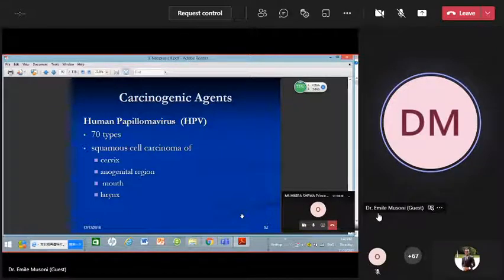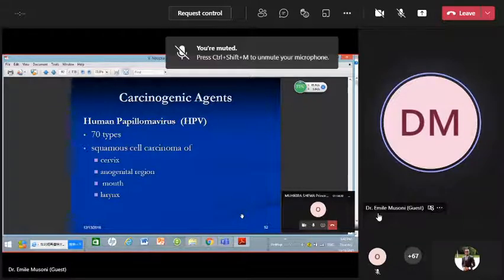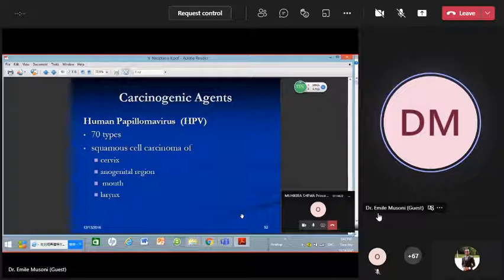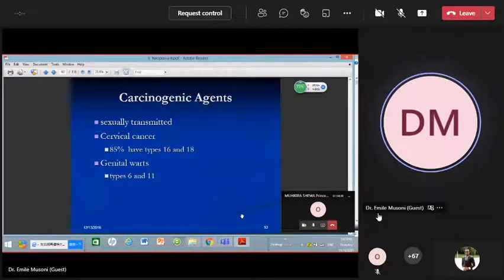And you must know that human papilloma is now in the group of sexually transmitted diseases. And HPV is not only for females, even for men. It can be found in the genital region, in the cervix, and on the penis, and the anogenital region, mouth, and the larynx.